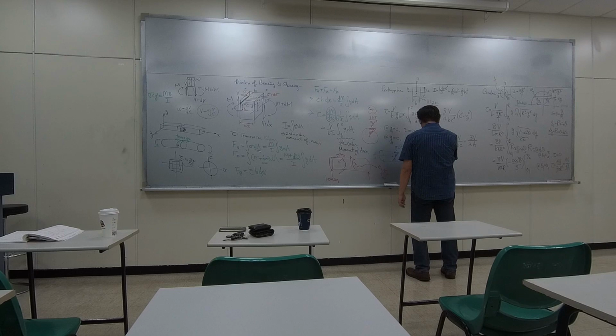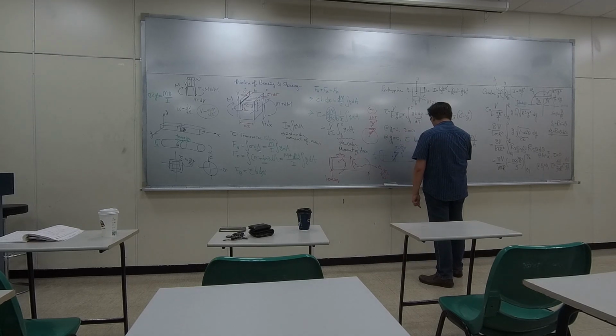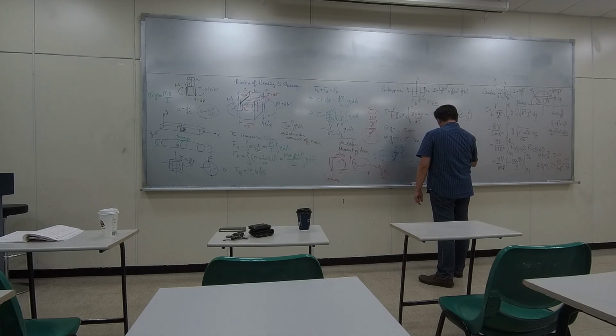Second phenomenon we need to worry about is where we try to draw the shear diagram. I remember this problem looks like, I think it was like this, if I'm right.